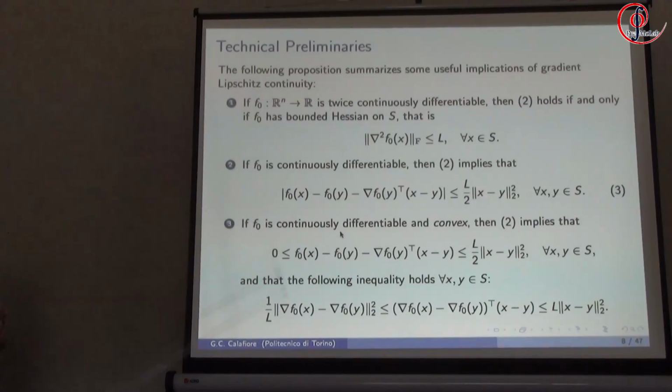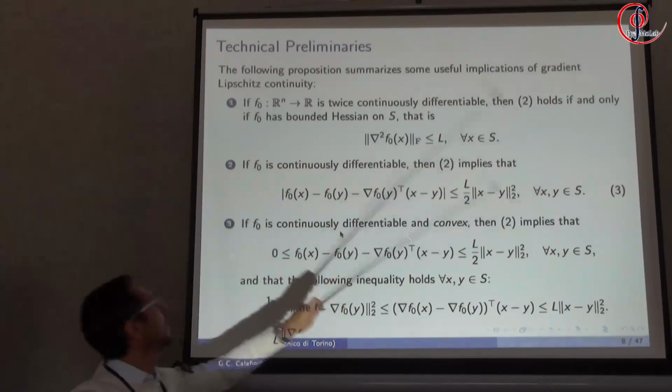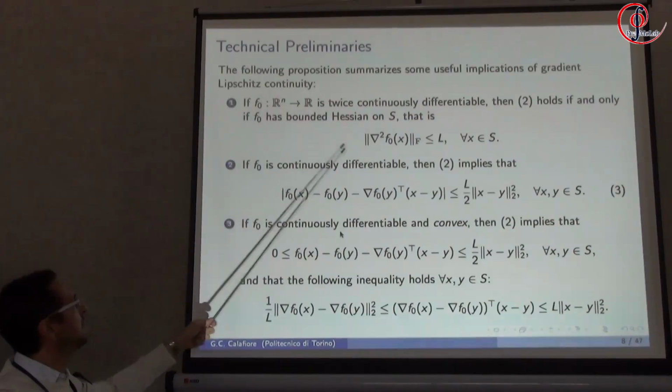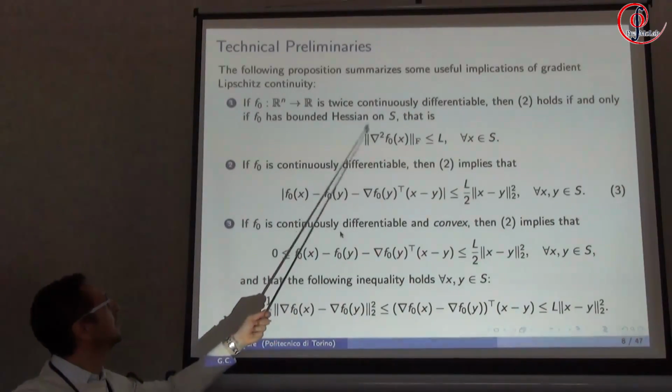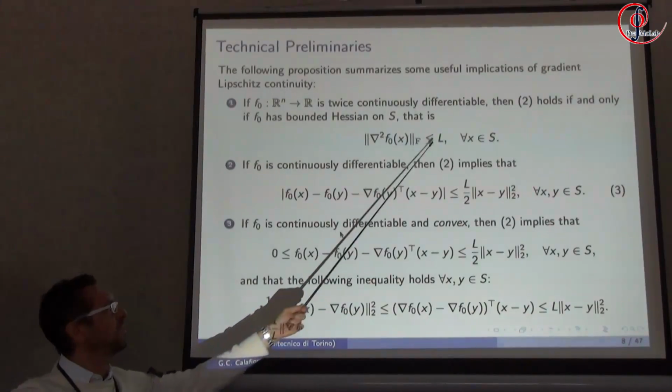So these are some of the implications that follow from this condition of Lipschitz continuous gradient of a function. First of all, if the function is twice differentiable, then this Lipschitz gradient condition is equivalent to boundedness of the Hessian.